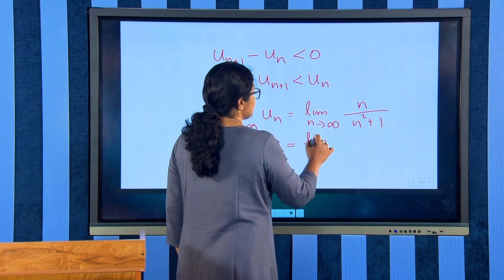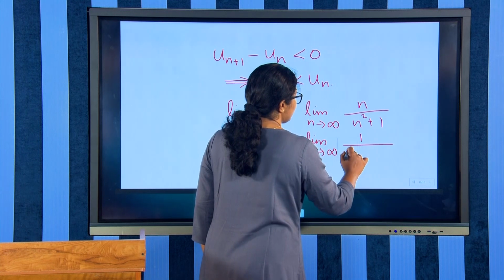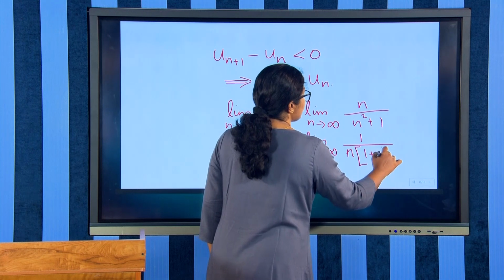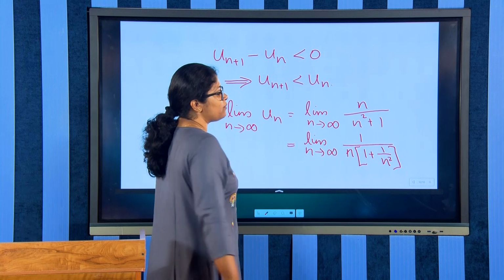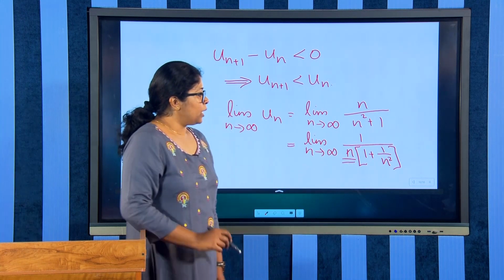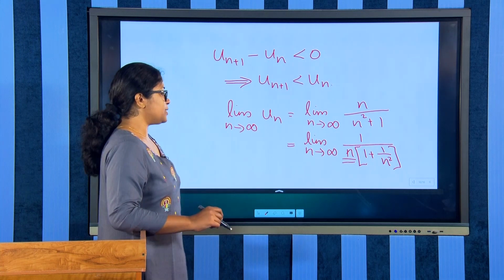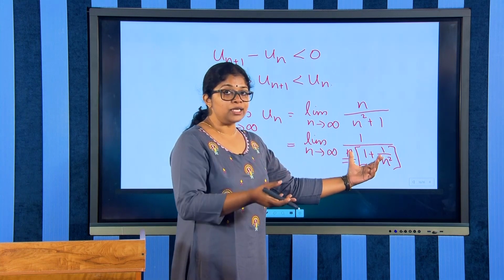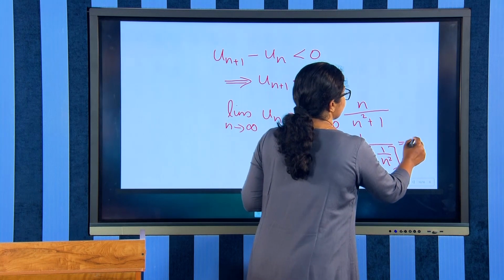This forces this limit to be equal to limit n tends to infinity 1 upon n into 1 plus 1 by n square, because n and n square will get cancelled, but this n will remain as such, because the power of the numerator is 1 less than that of the denominator. So, as n tends to infinity, the denominator becomes very large, and so as a whole this goes to 0.